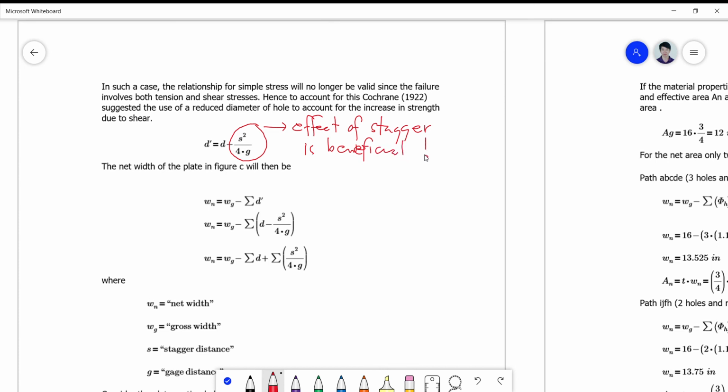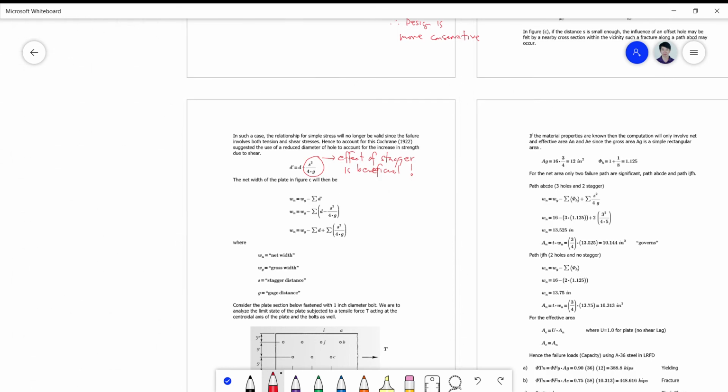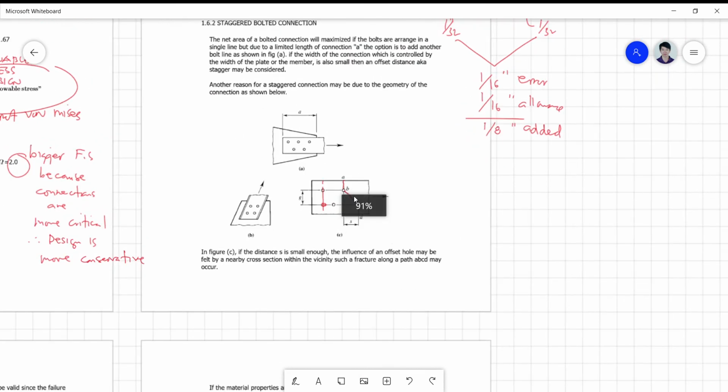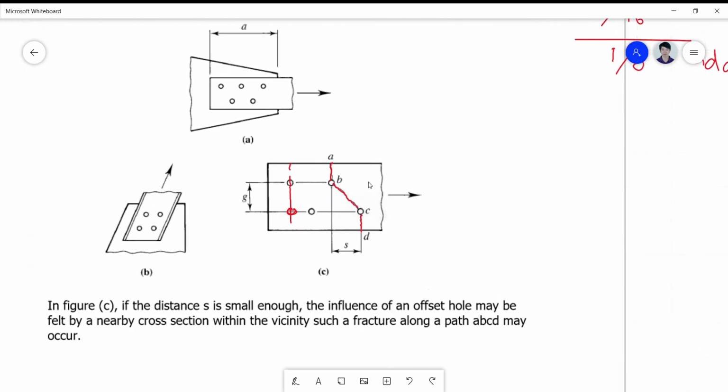Okay, so the net width of the plate in figure C will then be net width is equal to the gross width minus summation d prime. So in this case, this is your figure C. Look. Okay, so the net width is simply the gross width here.